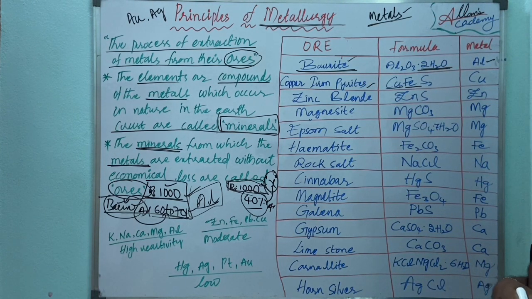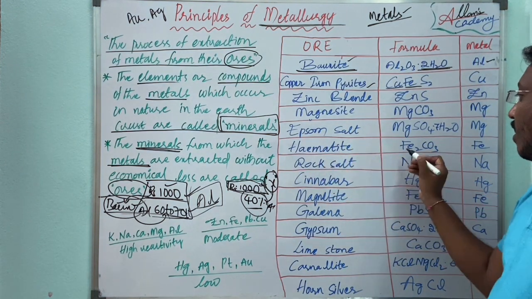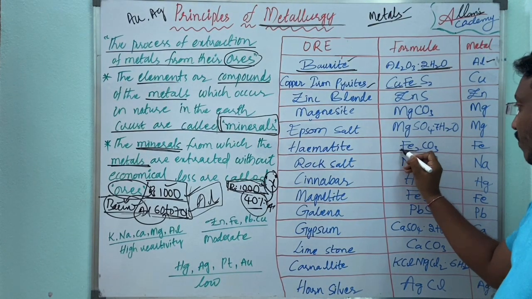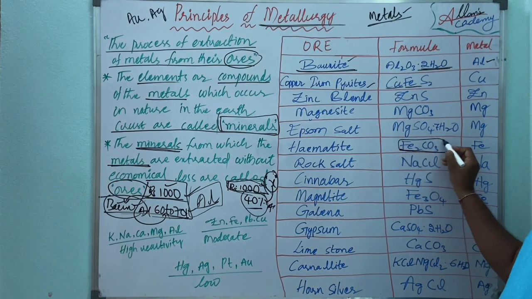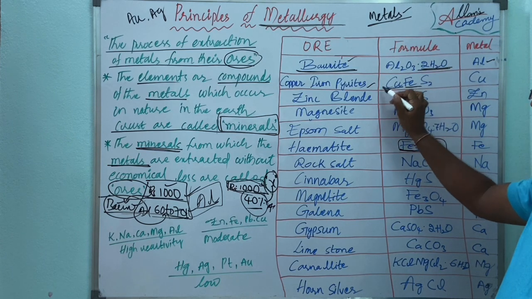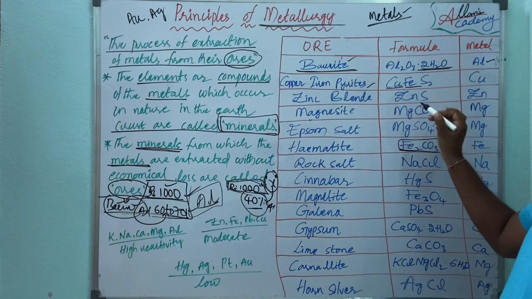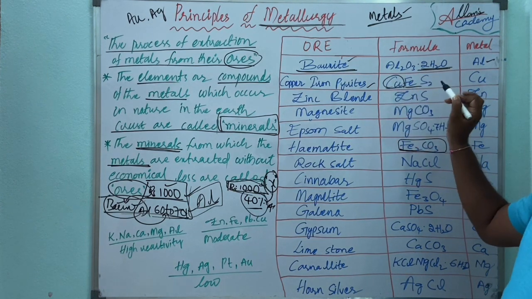Here we have hematite. This is one ore. What is the formula? Fe2O3. From this mineral we can collect iron. There is a chance to collect iron from copper iron pyrite also, but collecting copper from it is the profitable one.